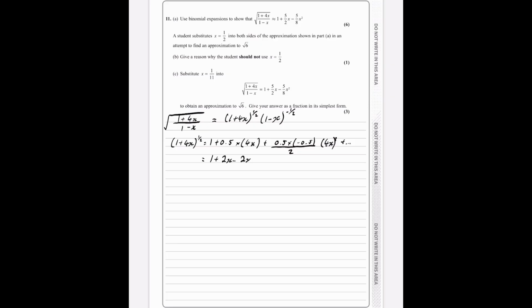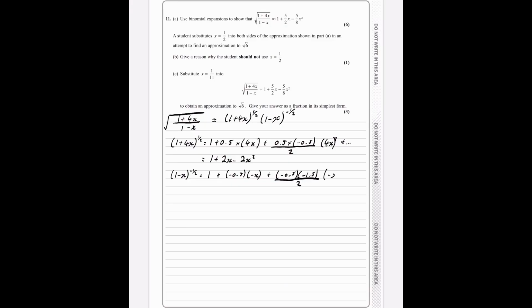Simplifying each part of that, we get 1 plus 2x minus 2x squared. You can do that on a calculator if you want to. For the 1 minus x to the power of negative a half, we'll get 1 plus negative 0.5 times negative x plus negative 0.5 times negative 1.5 all over 2 times by negative x squared.